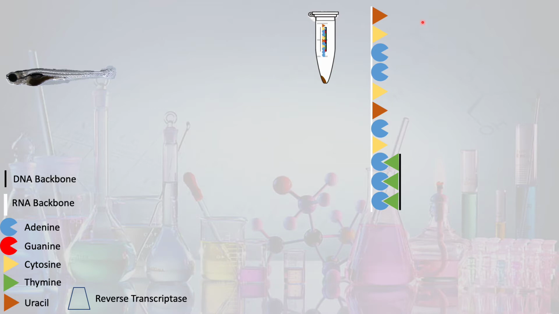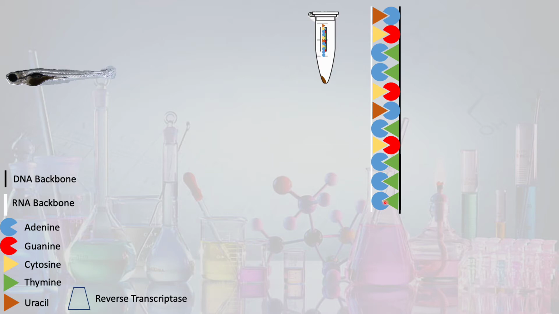And now in this tube, we've also added an enzyme called reverse transcriptase, and then plenty of other nucleotides and other resources that our reverse transcriptase here is going to need. And if you recall, reverse transcriptase is so special because it can actually build DNA from an RNA template strand, right?